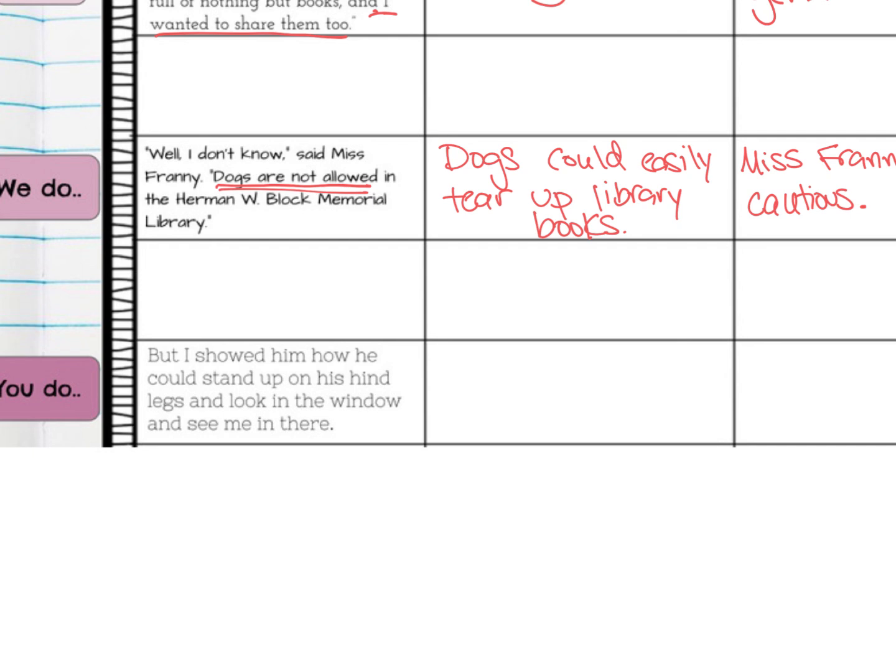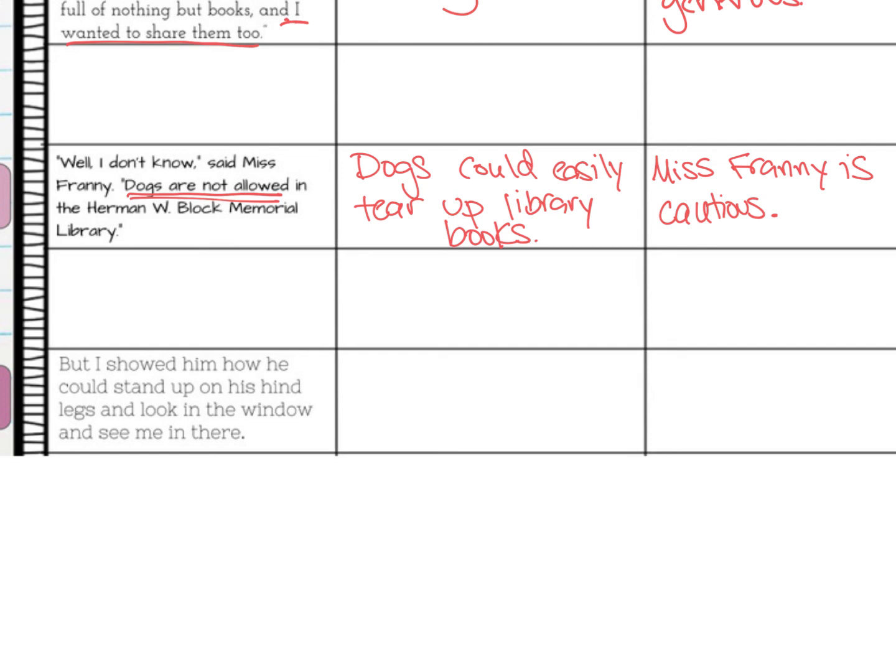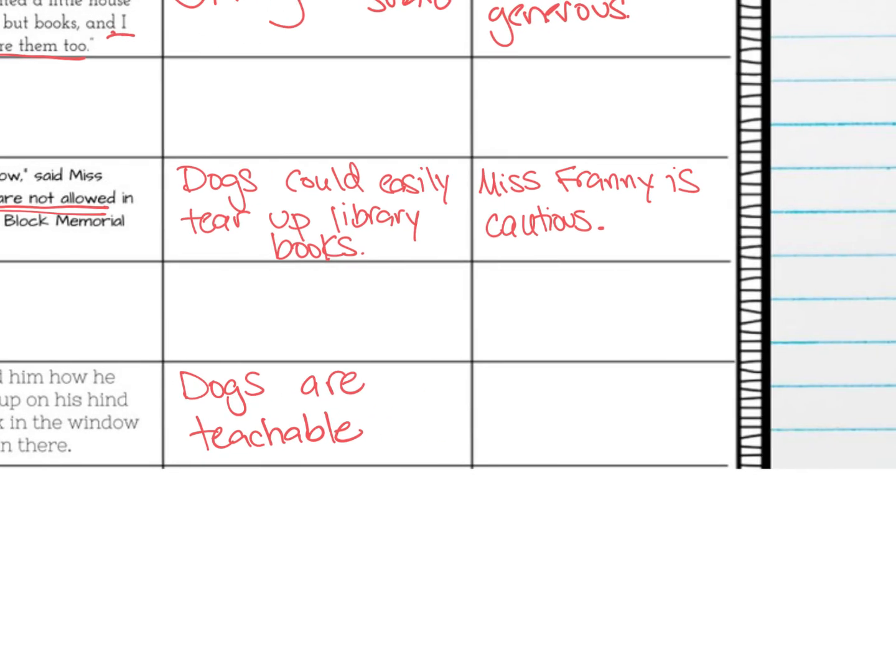Don't say anything, just get in your brain. What do we know about dogs? And what inference can we make based on this clue? So let's add that to our graphic organizer. Dogs are teachable or are trainable. So now that leads me to an inference about the kind of dog Winn-Dixie is.